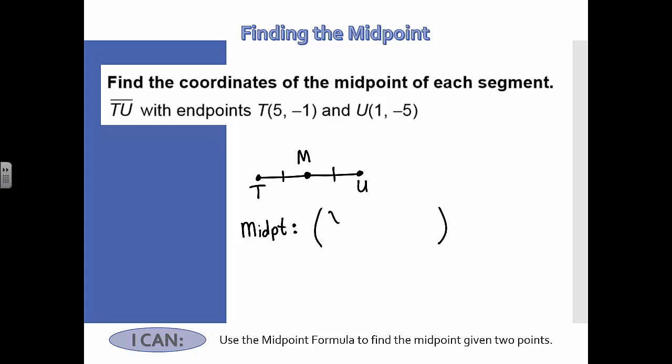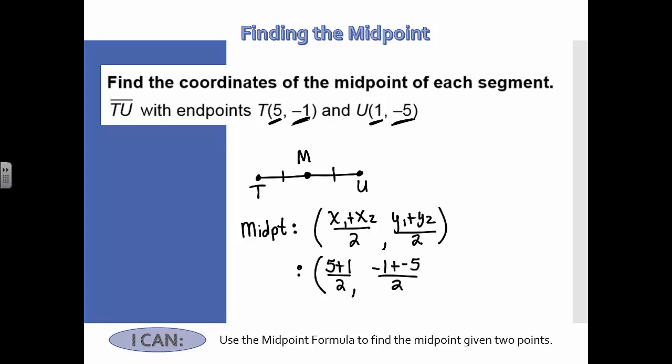And to find the midpoint, again, the midpoint formula is the average of the x's over 2, and then the average of the y's over 2. So if I plug in what they give me for the x's, I've got 5 and 1. 5 plus 1 divided by 2. And then for the y's, I got -1 and -5. -1 plus -5 divided by 2.